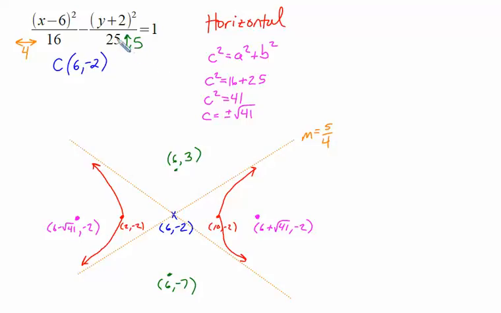Take the denominator from the y, take the denominator from the x, and kind of work with it in that direction. And the slope for the line going downwards would be a negative 5/4. We know that it's also going through the center point of (6, -2), so we could plug into y minus y1 equals m times x minus x1.